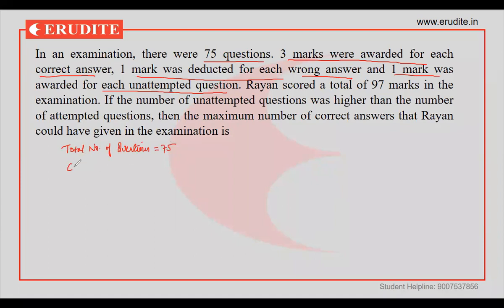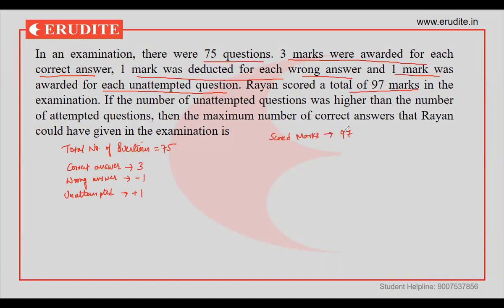For each correct answer, marks awarded is 3 marks. For wrong answer, it is -1, and for unattempted, it is +1. Ryan scored a total score of 97 marks. So scored marks is how much?